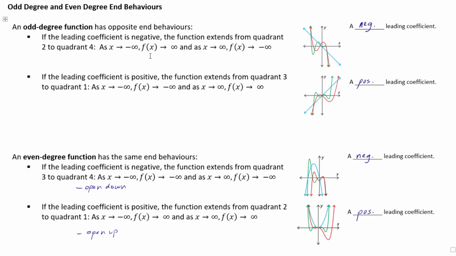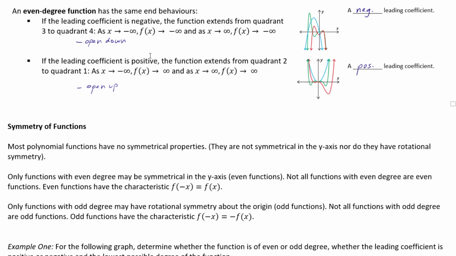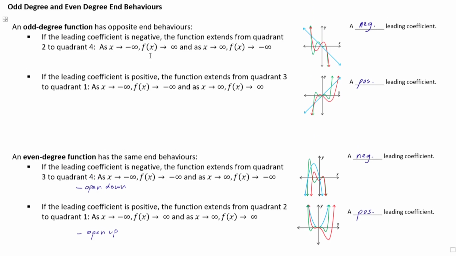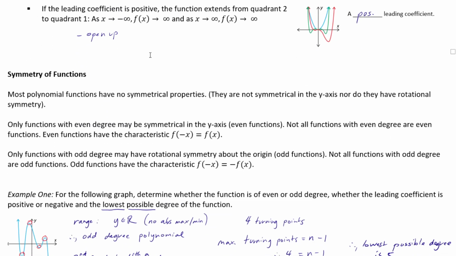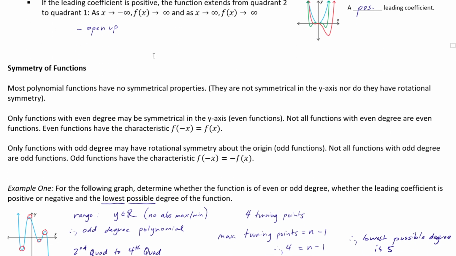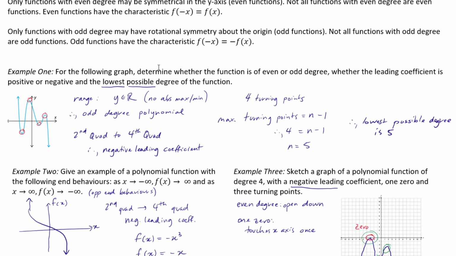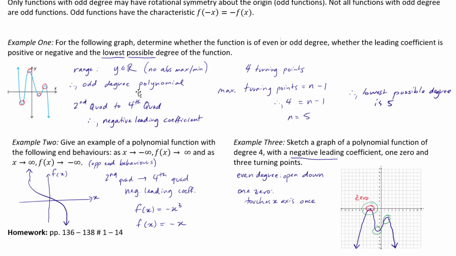Okay, and the behavior of leading coefficients with respect to odd degree functions and even degree functions. We talked a little bit about symmetry. And then we looked at graphs and were able to deduce what type of polynomial functions these are going to be based on the characteristics of the graph, or opposite, given characteristics of the graph, sketch a possible graph.